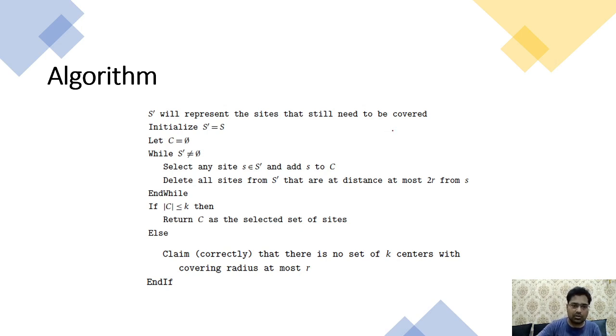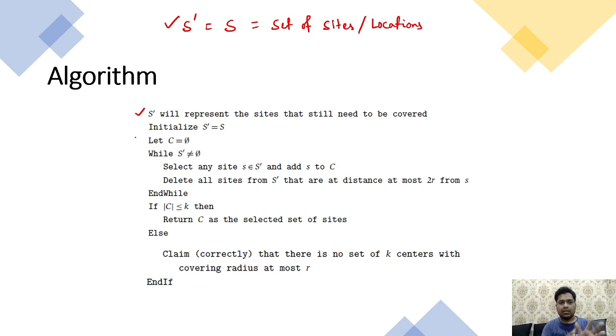It is clearly mentioned. So S prime is equivalent to S, which is the set of sites or locations. Okay, this is what we have to first keep in mind. Next, I'll be giving you the example also.